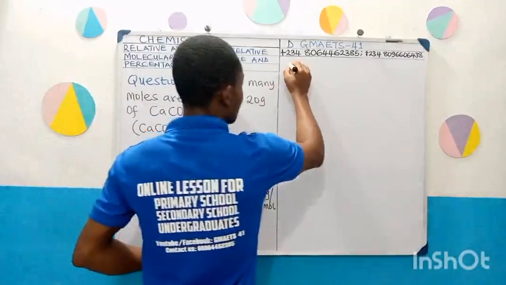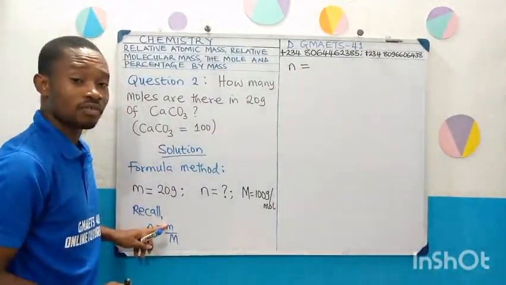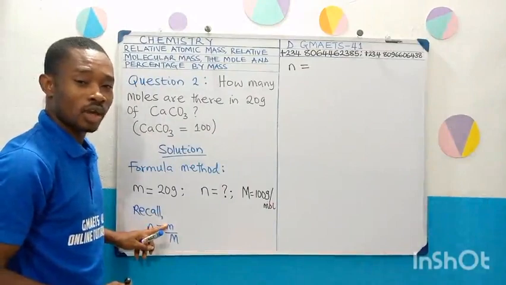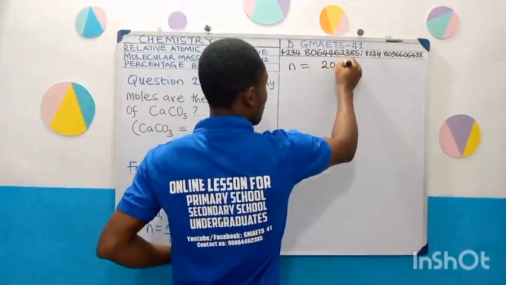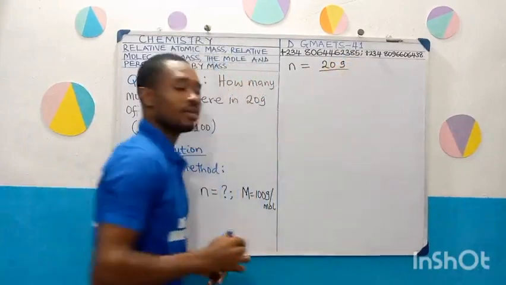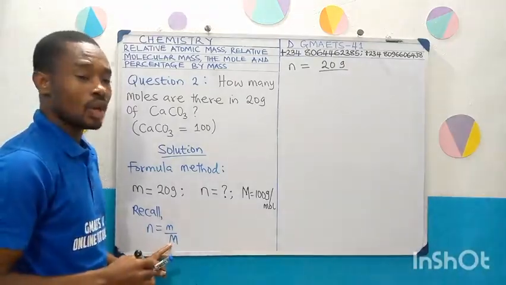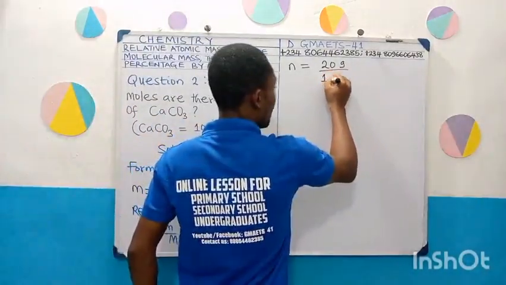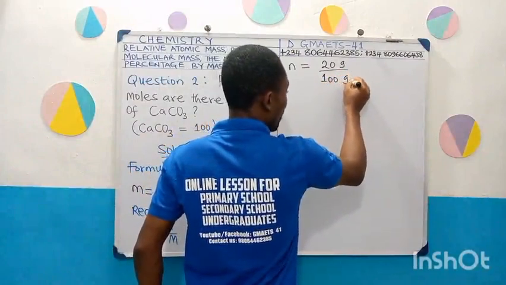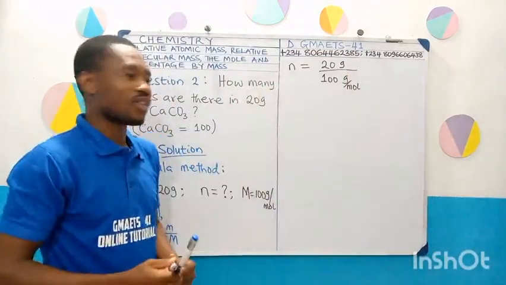We can now substitute, since we are looking for number of moles. So I can now write number of moles, I don't know, is equal to, let's substitute now. In place of mass, small letter m, what do I put? 20 grams. So it's going to be 20 grams divided by, in place of capital letter M, molar mass, 100 grams per mole. If I don't like, I can just forget about the unit.